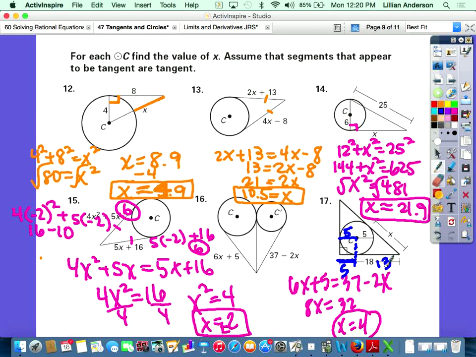And these two are equal to each other. So x is 13. 18 on this side, and 2x on the other. Because they're both tangents, they're congruent to each other. So because that segment's 13, that segment's 13.